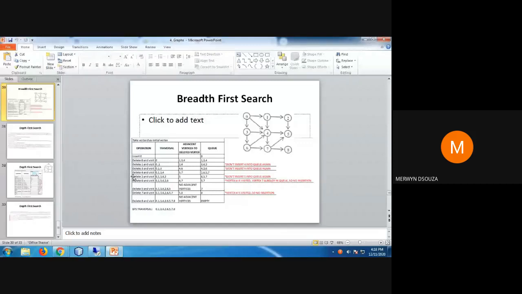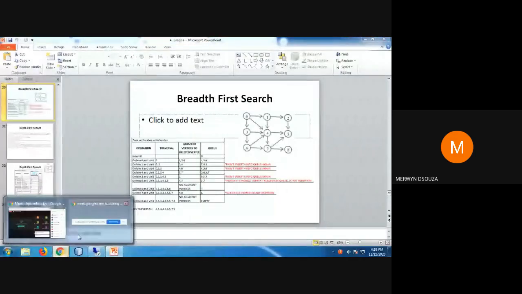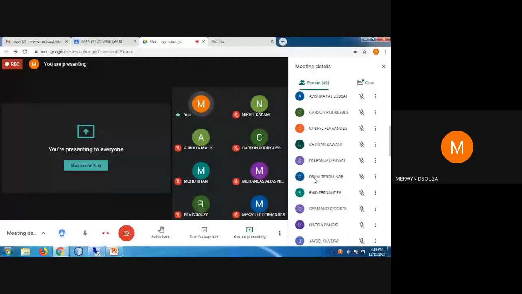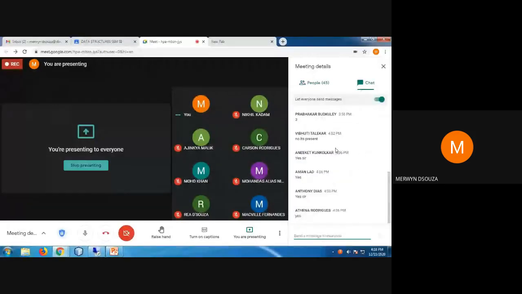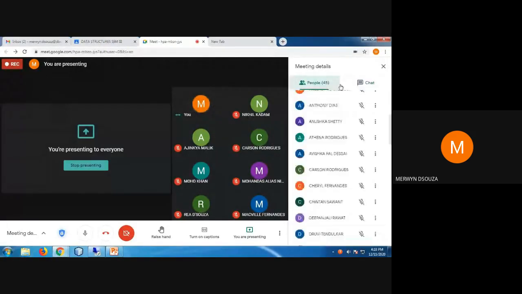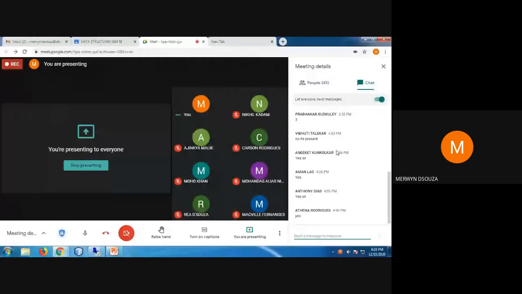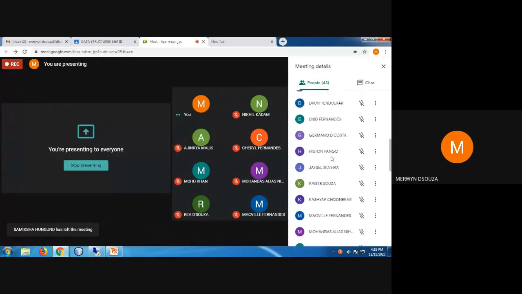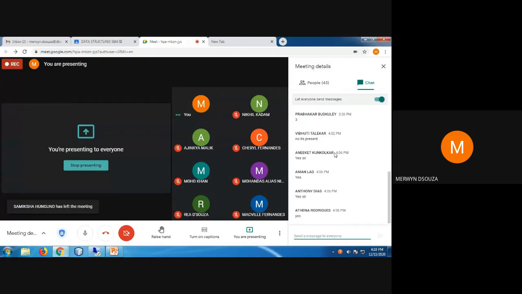Okay, so just looking at this diagram, you can just tell me. Avishka, from which vertex do we start in BFS? Avishka, can you hear me?